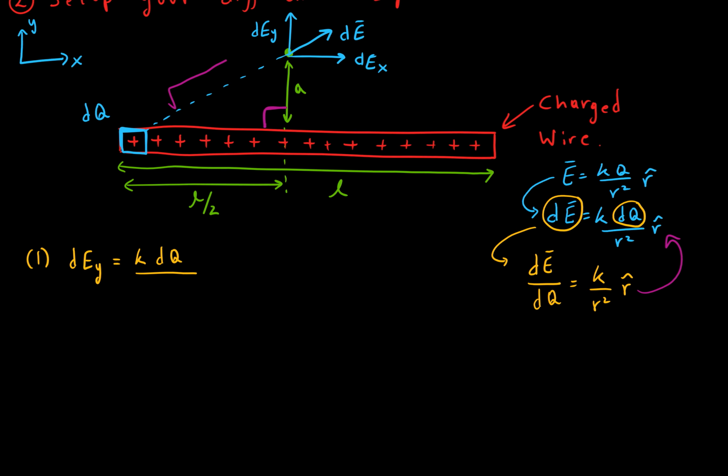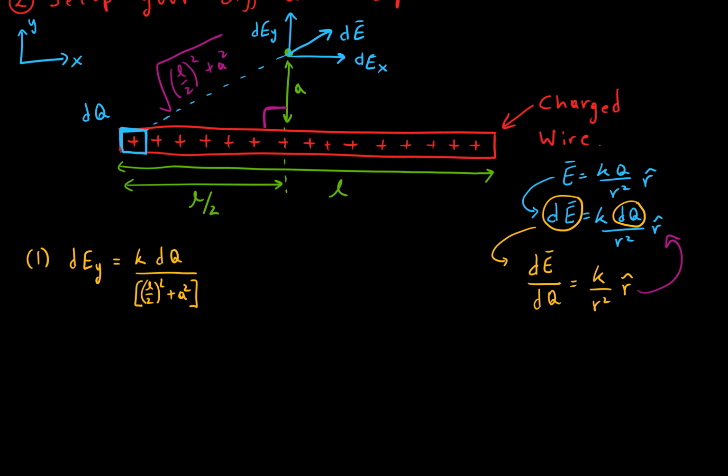Therefore, this distance from the charge to my point in space is the square root of L over 2 squared plus a squared. So I can write that distance down over here as L over 2 squared plus a squared, and it's going to be squared, so I don't have to include the square root here.